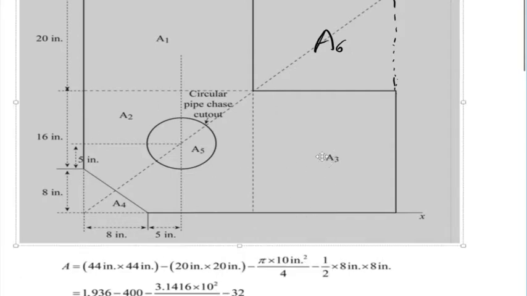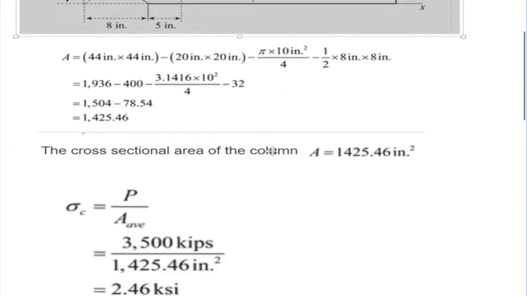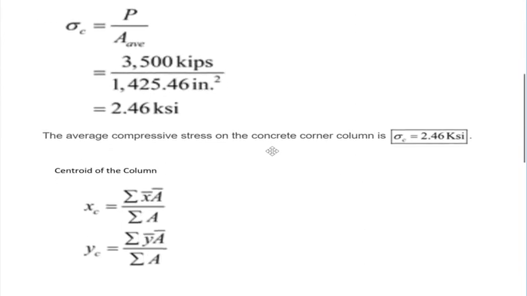Now, area 3 has an x-coordinate of 24 plus 10 because it would be half of this distance, so in total would be 34, and that's what we can see in this formula. 34, the x-coordinate of area 3, times 20 times 24, the area, minus the area of the triangle and the area of the circle.